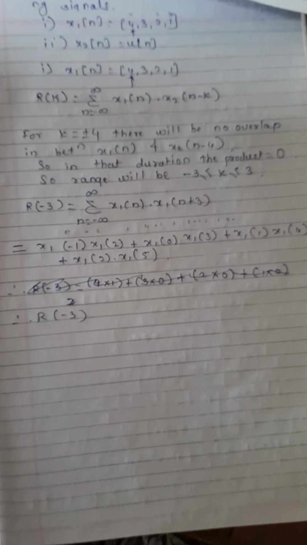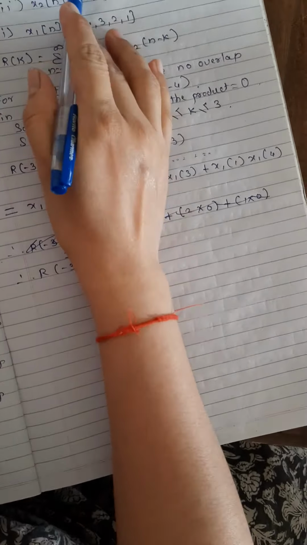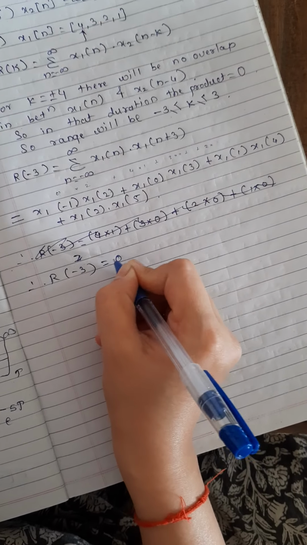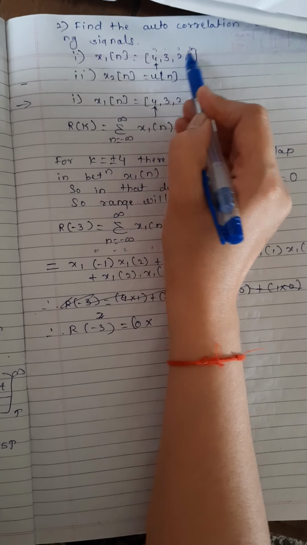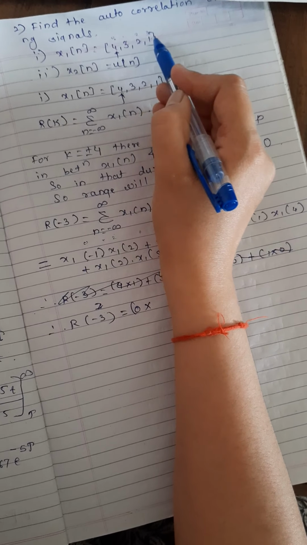We write here r of minus 3 is equal to x1 of minus 1, which is not here, so it is 0, into x1 of 2. These are the values of x1 of 0, x1 of 1, 2 and 3.